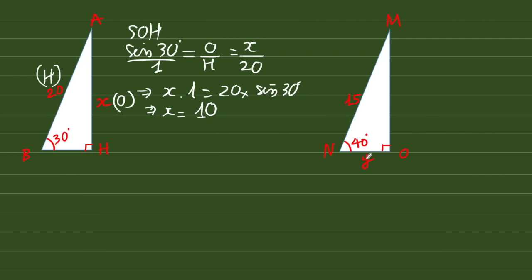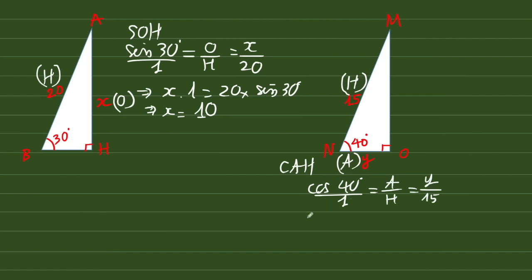And the next question, you have y in this position as adjacent, and the hypotenuse side, so you will use cos. Cos 40 degrees equals adjacent divided by hypotenuse, y divided by 15, over 1.